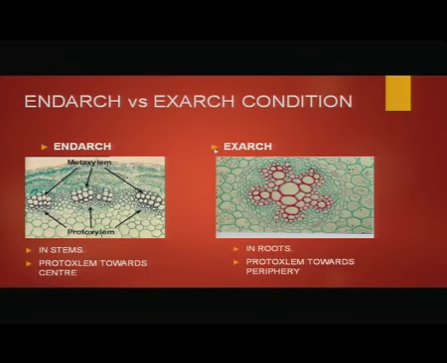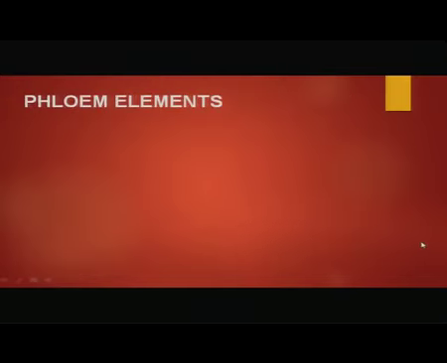So, you will differentiate and remember the difference between endarch and exarch condition on the basis of protoxylem only. When the protoxylem is towards the center, it is endarch. End means inside. So, protoxylem is towards inside, while exo is for outside, remember it like that. So, protoxylem is towards outside. It is present in the roots.